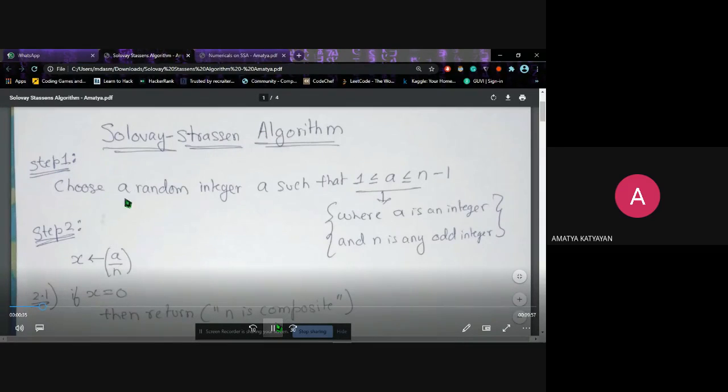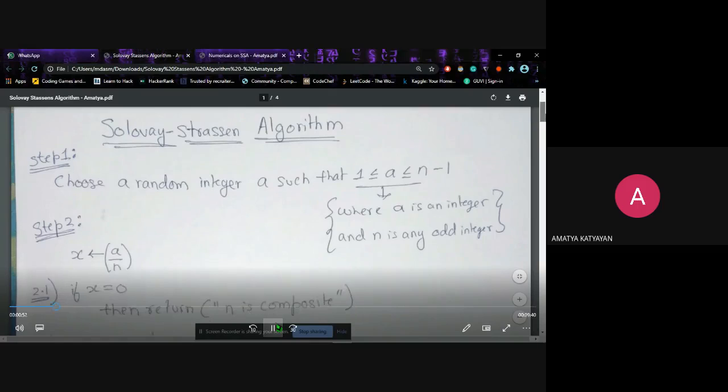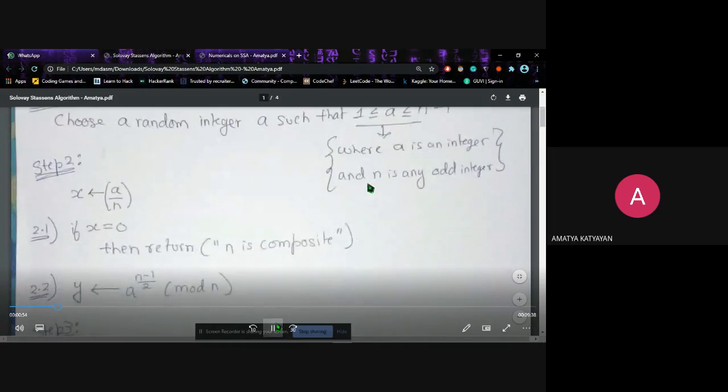If you're not given a value of a, you can choose any random integer a such that 1 is less than or equal to a is less than or equal to n minus 1, where a is our integer and n is an odd integer. Now we'll be doing the primality testing for n.